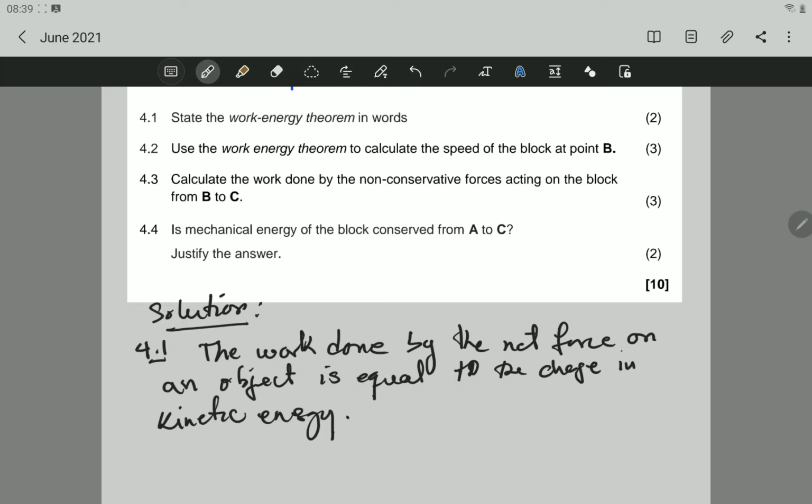Right? This is the work energy theorem in words.